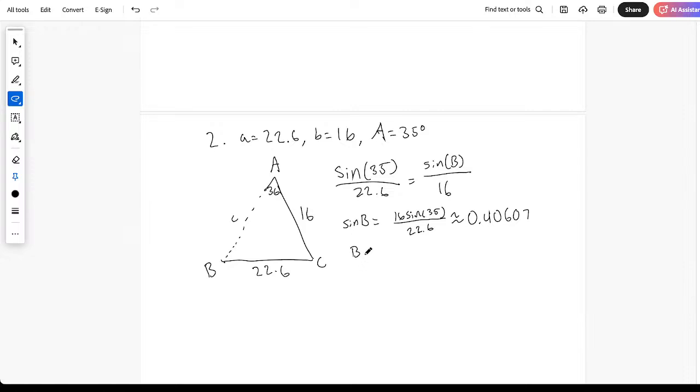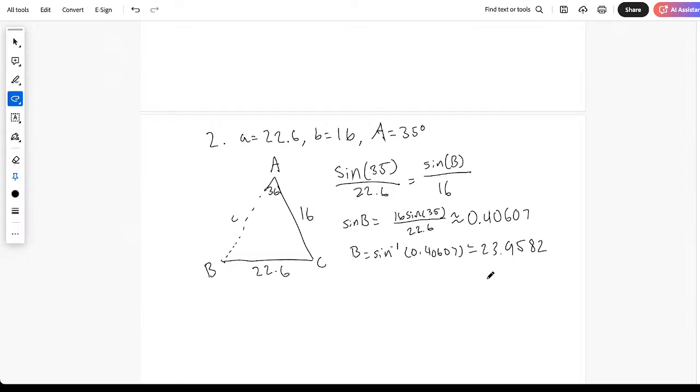Great, so B equals the inverse sine of that, 0.40607. So B equals 23.9582.